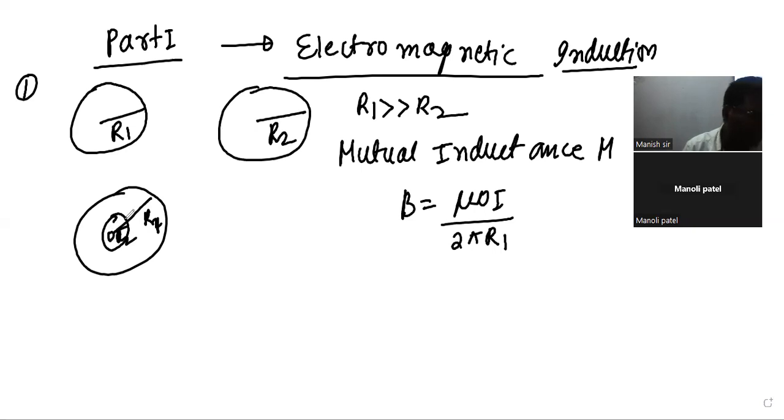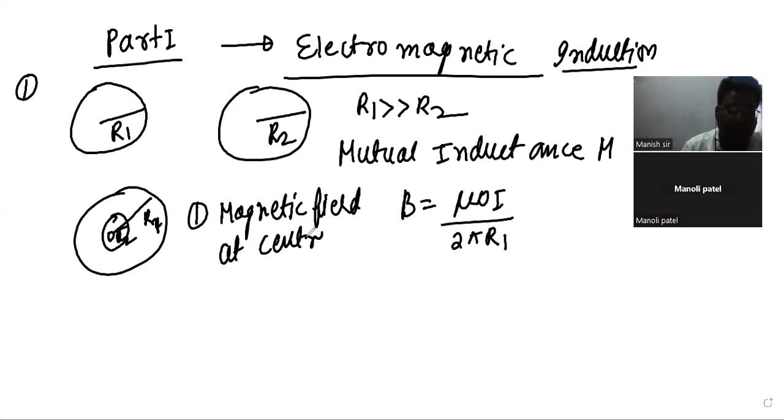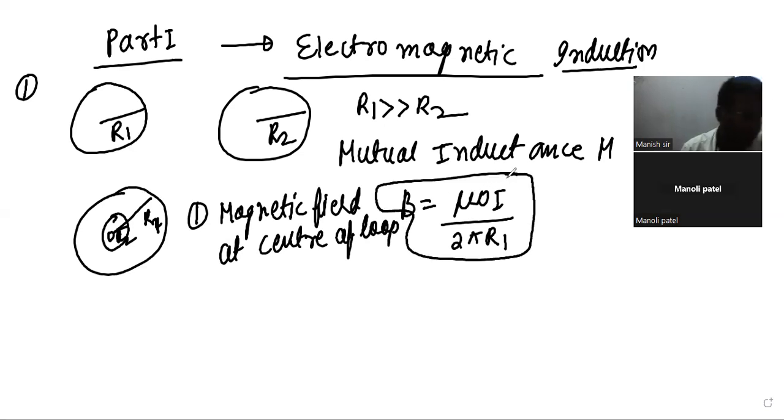Concentric circles we have drawn. And as we know, this is the magnetic field formula at the center of the loop. So this is the first formula, the magnetic field at the center of the loop.